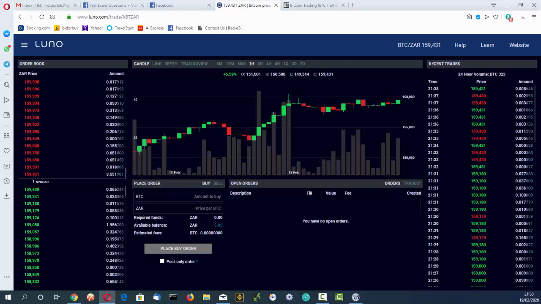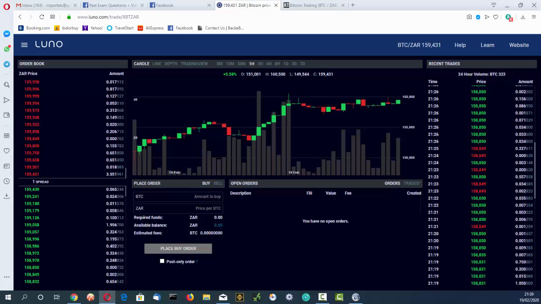If you look at recent trades, these are the trades that have been executed within 24 hours on Luno.